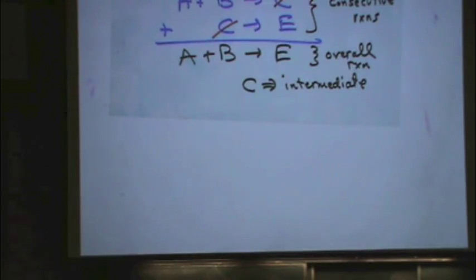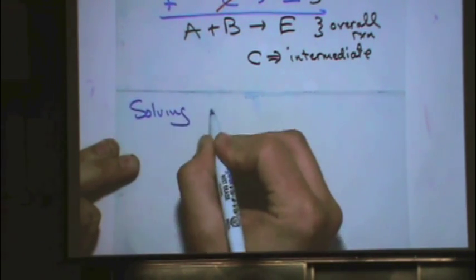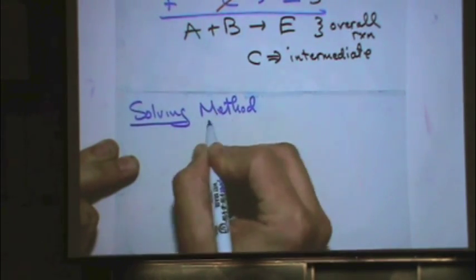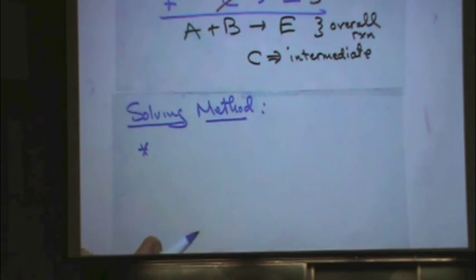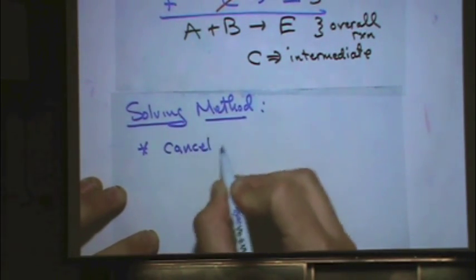So what's our solving method for consecutive reactions? I have two steps, two bullets. First, one thing I try to do is cancel intermediates.